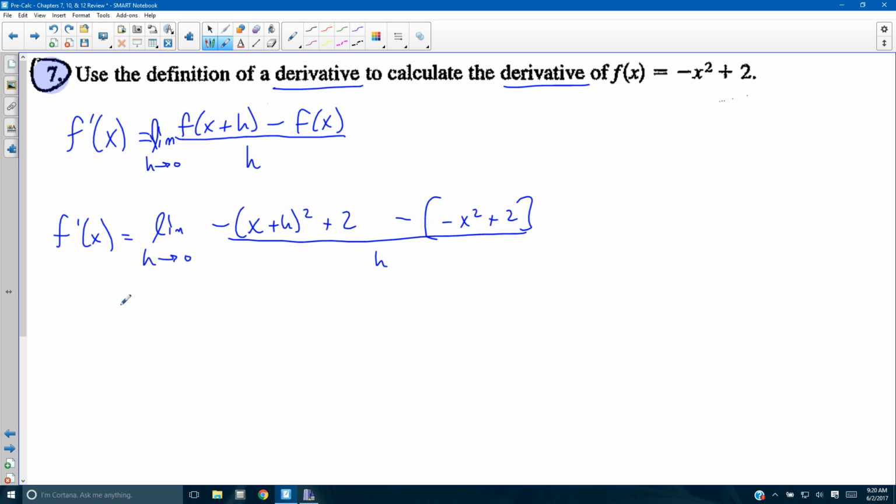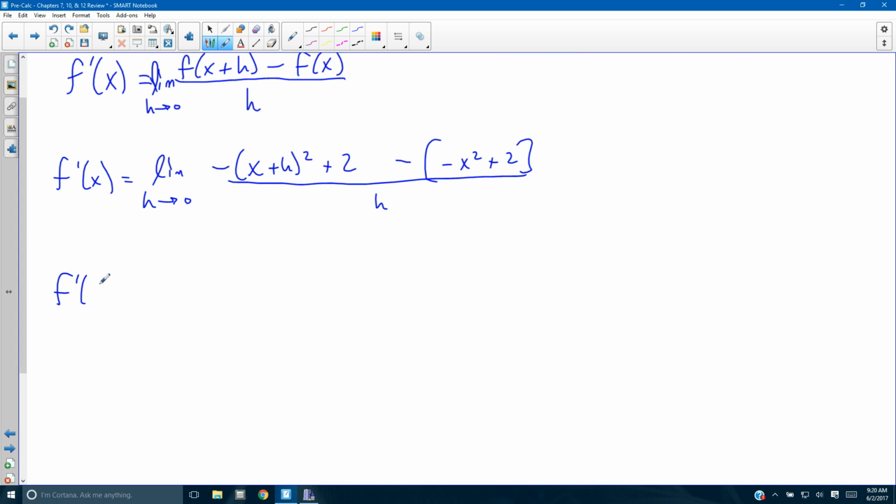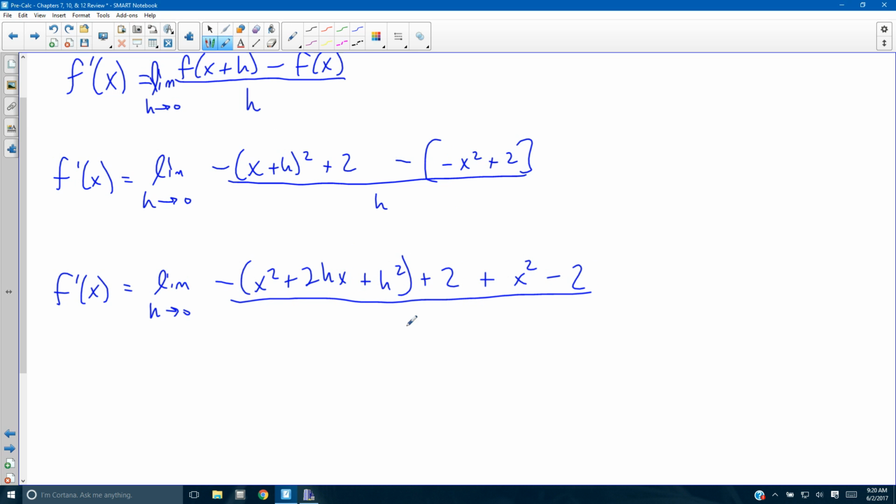Let's expand this, and let's distribute this into here. f prime of x equals limit as h approaches 0 of the opposite of x squared plus 2hx plus x squared, plus h squared, plus 2 minus negative x squared, that's plus x squared minus 2. This is all over h.